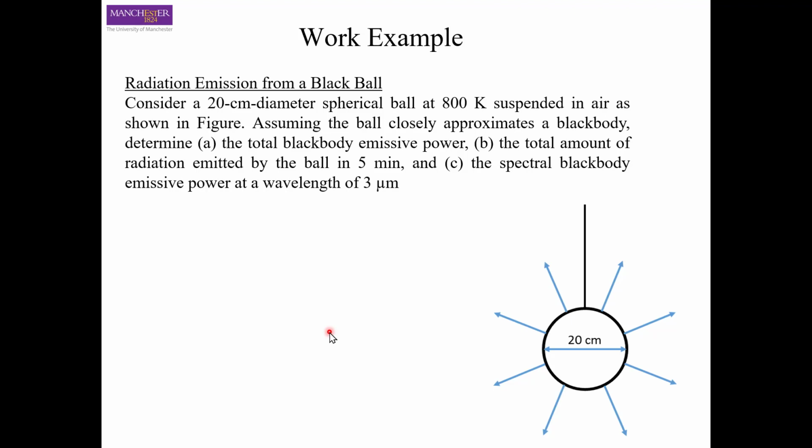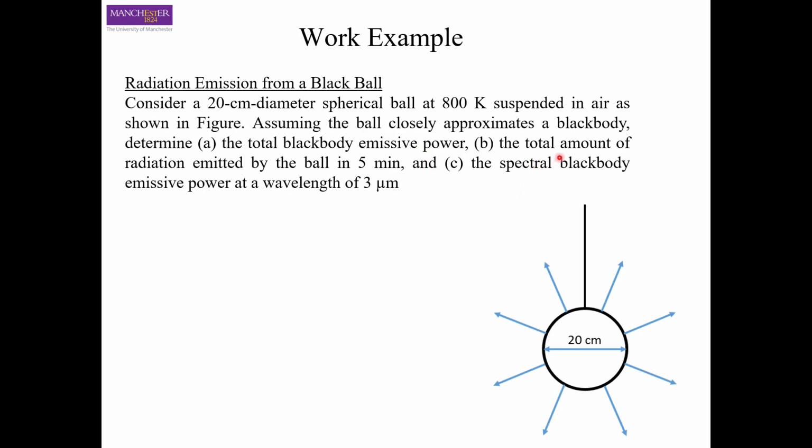So let's say you have a 20 centimeter spherical ball that is at 800 Kelvin temperature suspended in air, as is shown in the figure here. And the ball has a diameter of 20 centimeter. If you approximate this ball as a black body, you need to calculate the total emissive power, or the radiation emission, from this body.